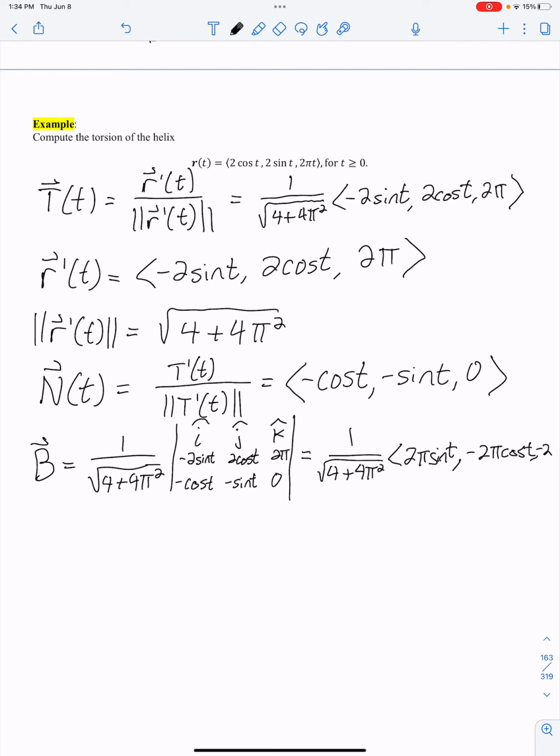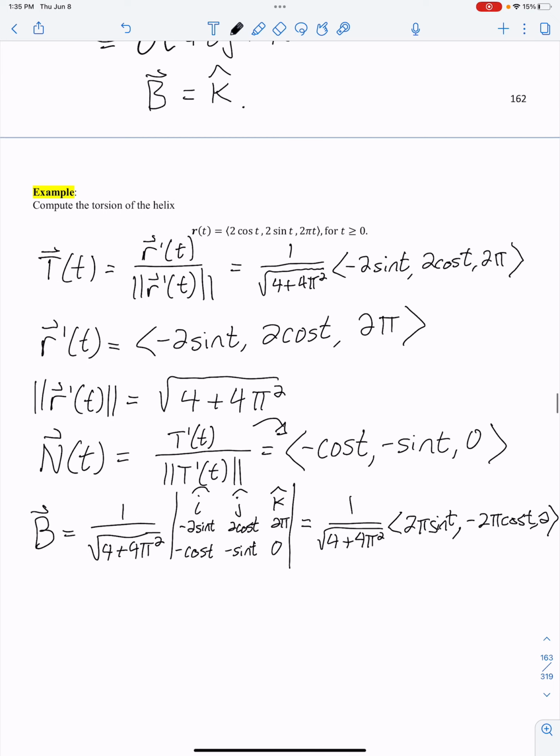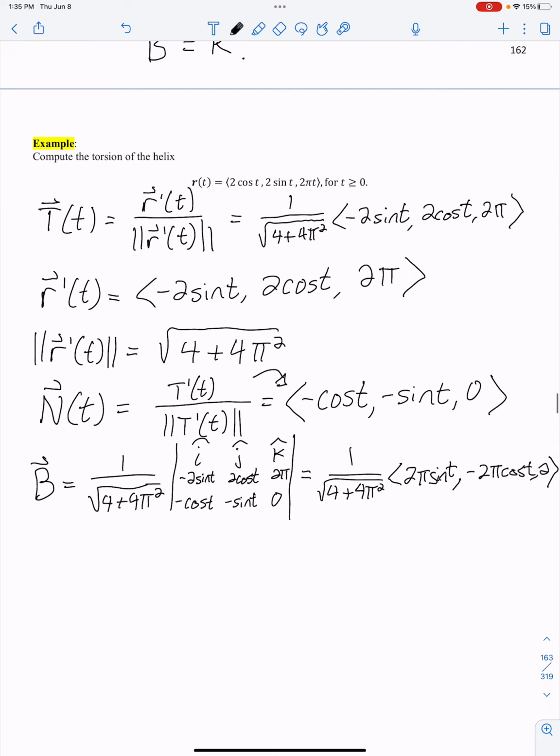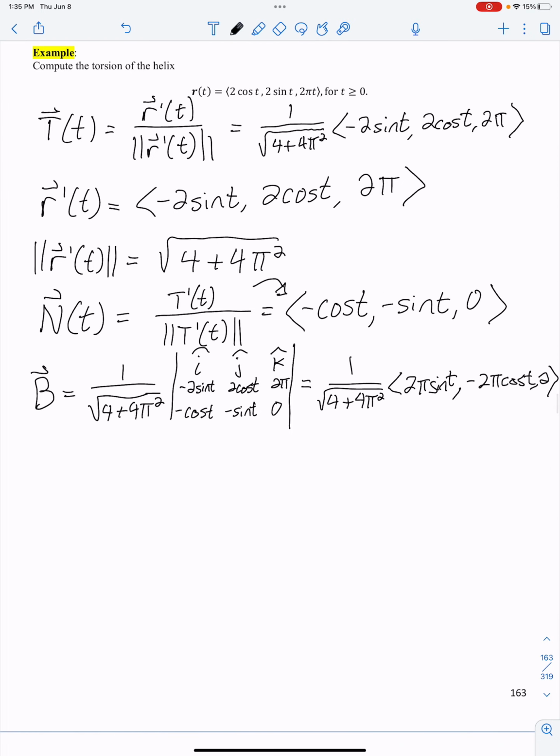Or positive 2, sorry. There we go. Let me double check this with my work. I want to make sure I don't lead you astray. Cool. So that is our binormal vector. I saved you some work here, but you should go do that to confirm it. It's really not terrible. It's just a lot of algebra. It just becomes alphabet soup at some point.